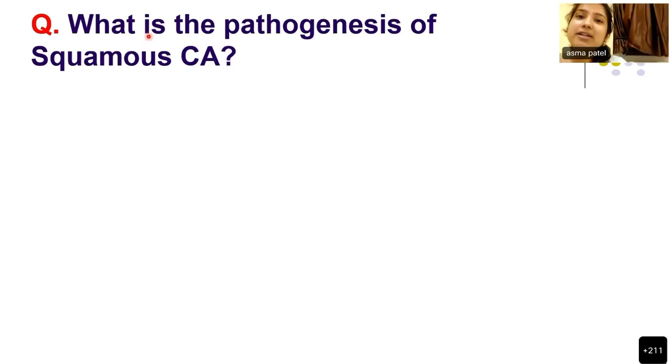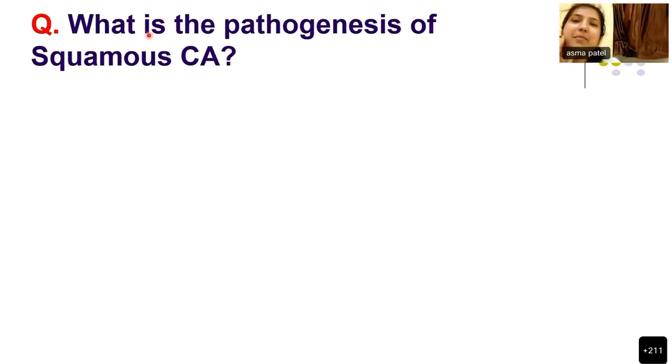Then it will convert into dysplasia if the stimulus continues, and then the dysplasia will be mild, moderate, severe, and then it will transform into squamous cell carcinoma. Okay, Asma, very good. So according to you, all squamous carcinomas happen that way. But in squamous epithelium, the metaplasia step is not there.